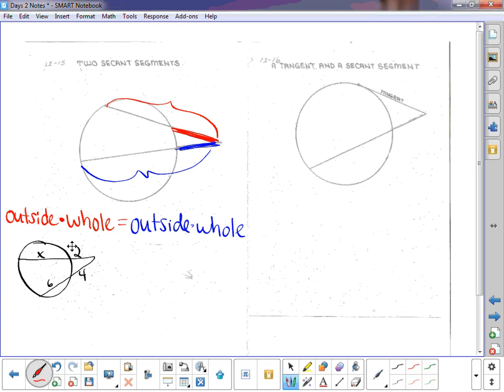Now before you begin to solve, I highly recommend that you go ahead and label what the entire piece is for both of these guys here. What is this entire length going to be? 2 plus x. We're adding those pieces together. So 2 plus x or x plus 2.